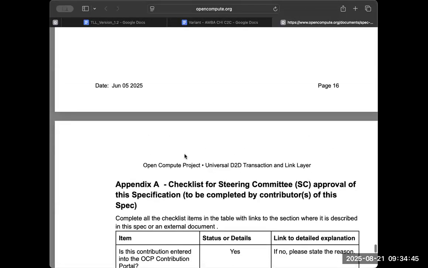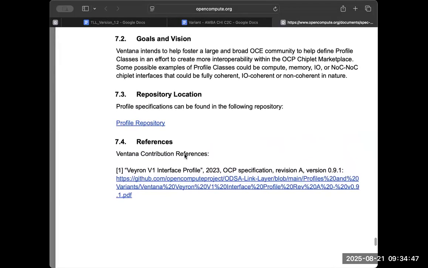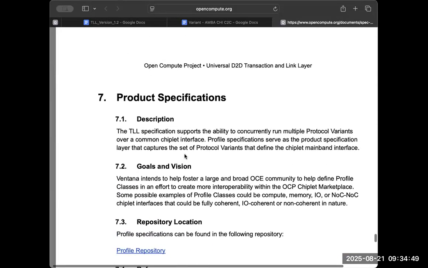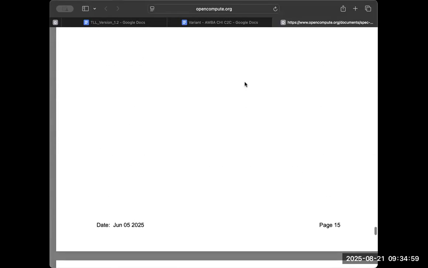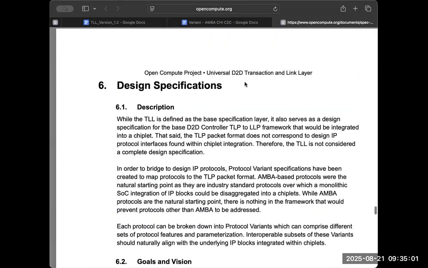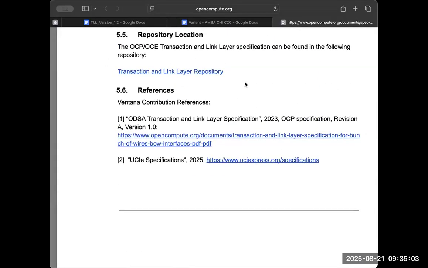That's basically it, the whole contribution. It covers everything in terms of the UCIe binding, and also gives us hooks to point people to help work on these profiles and variants repositories over time. Any questions?